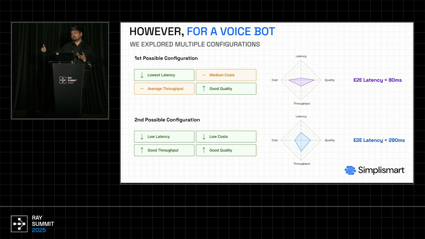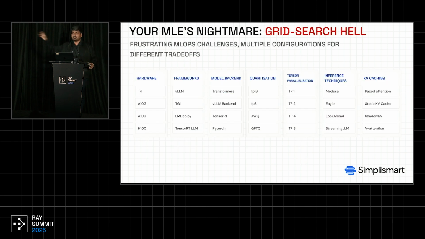And these are some choices that we're making day in, day out when we are assembling our inference stacks as ML engineers, right? What we have done is we've simplified the way you look at the use case in 4 key KPIs, right? So your latency, cost, quality, and throughput. Once you understand what is the requirement of your use case in these 4 dimensions, you can start choosing from this grid search hell that we deal with as inference engineers, right?